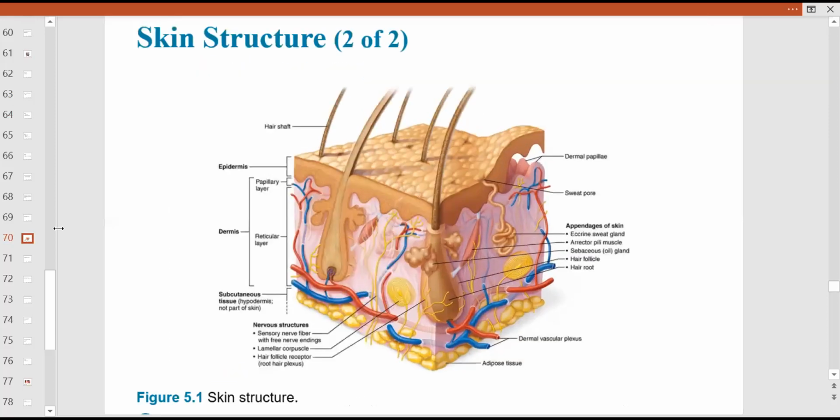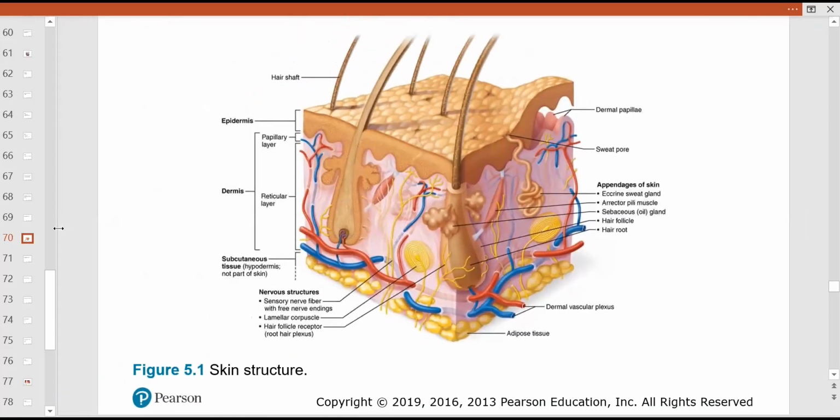So here, back to this. And just to review, where the epidermis starts and stops, the dermis begins. Top is papillary, bottom reticular, subcutaneous, mostly adipose. Your hair follicle, hair shaft, and sebaceous gland, erector pili muscle.